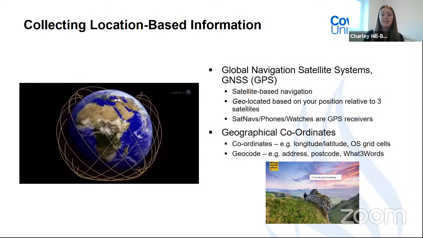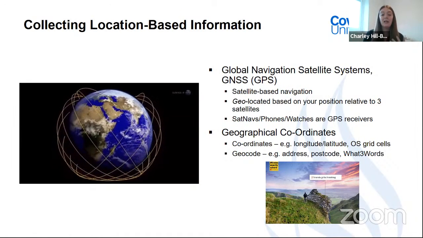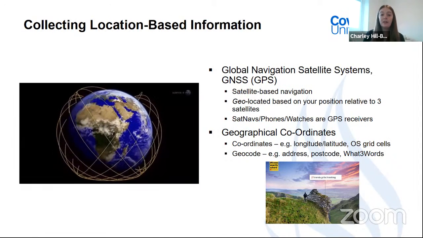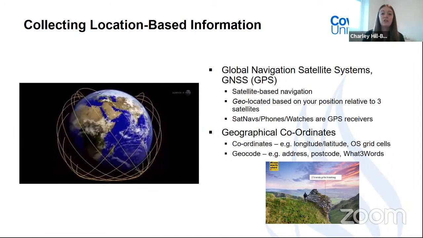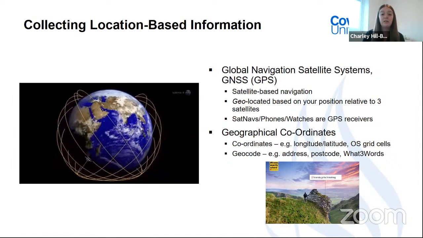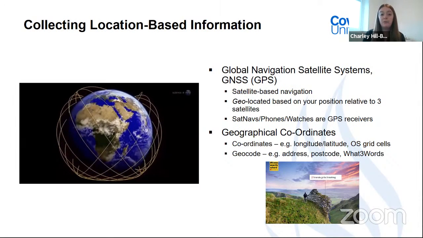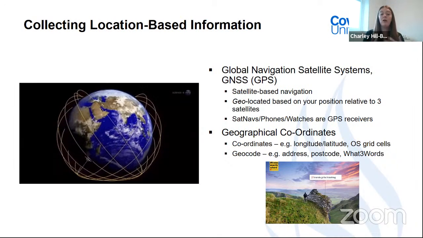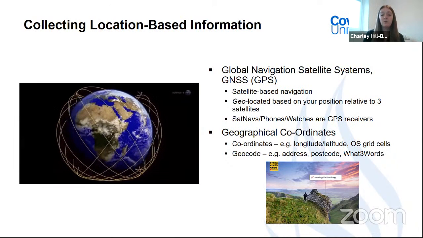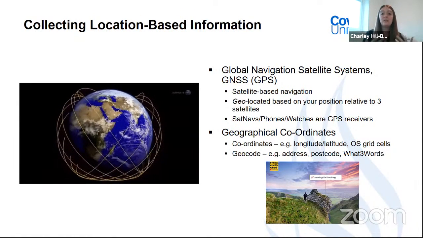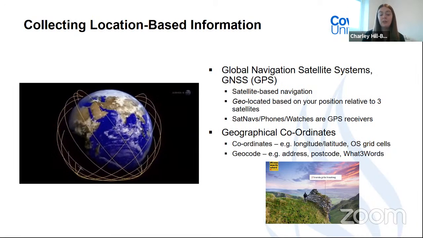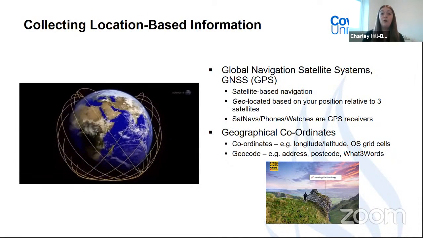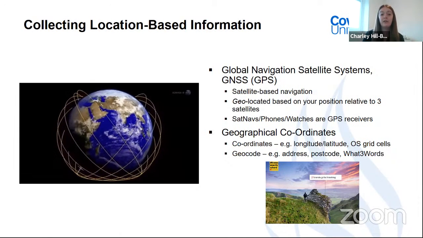It's satellite-based information, and we can connect with satellites that are able to calculate our position on the Earth's surface. We have to have a minimum of 3, but by increasing our access and connection with satellites, we can increase the precision of our information. And with that, we can understand where we are more accurately on our Earth's surface.